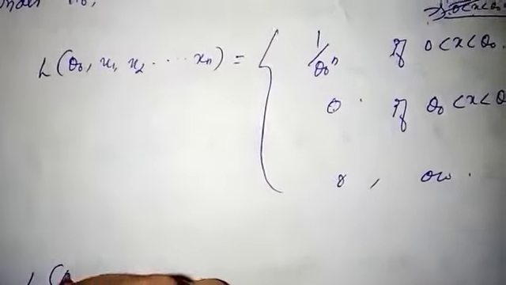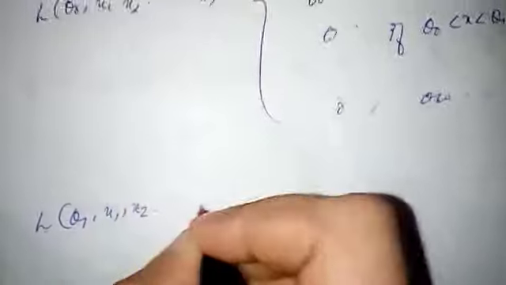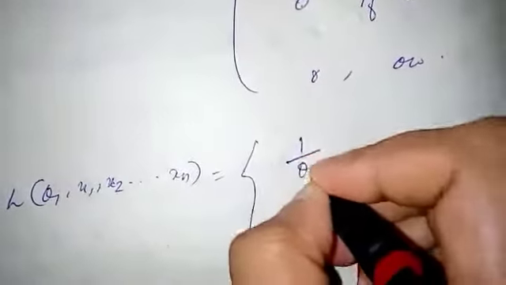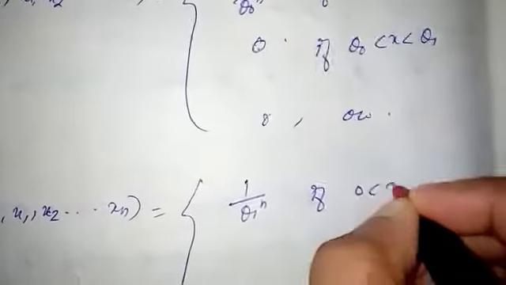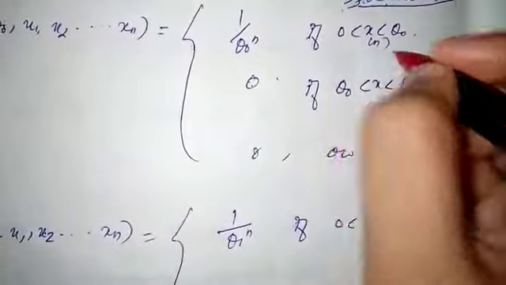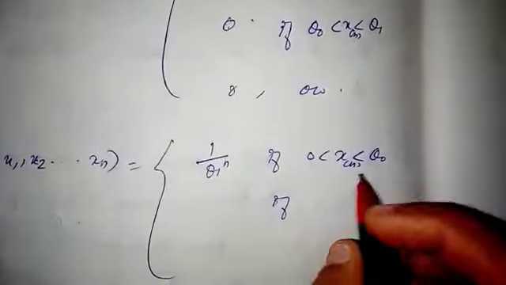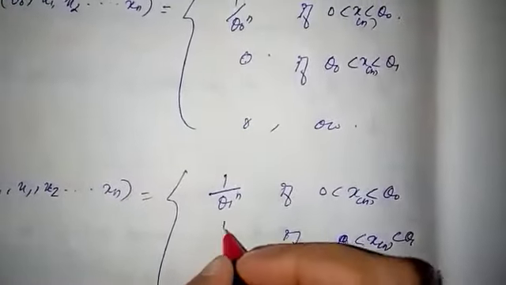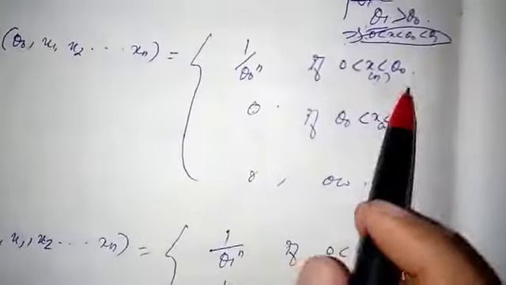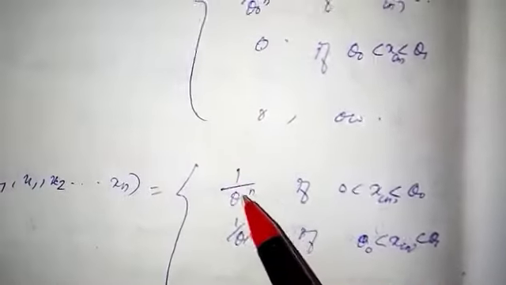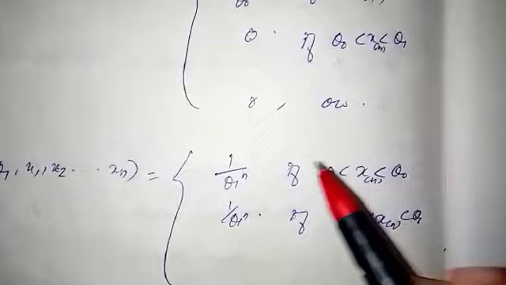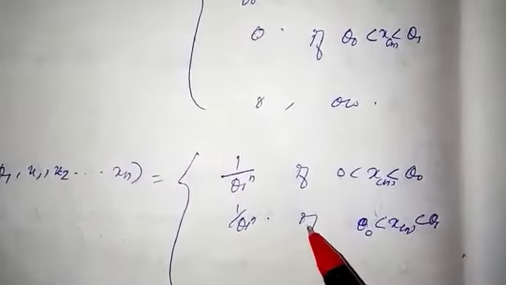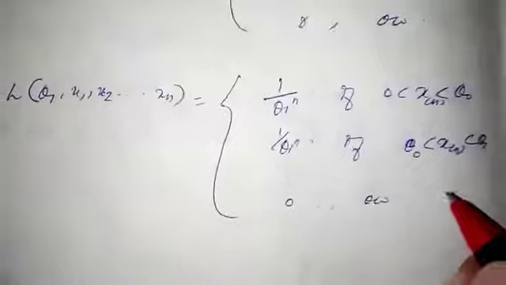Then under H1, the likelihood equals 1 by theta 1 power n if 0 less than xn less than theta naught, and 1 by theta 1 power n if theta naught less than xn less than theta 1, and 0 otherwise. Here we split the range.